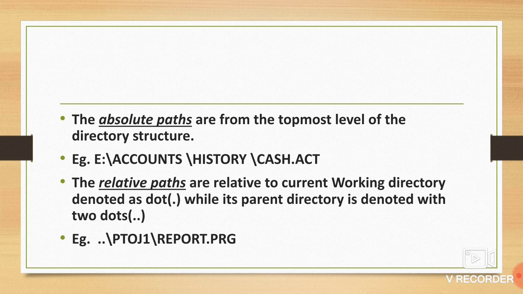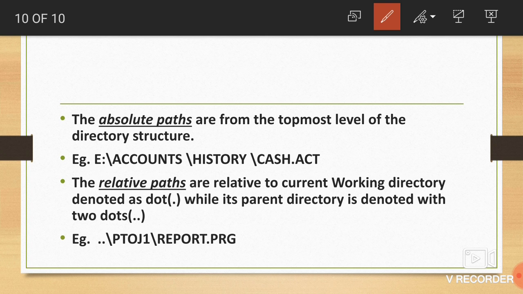Okay, so project1 means what? So here as I told you, 2 dots means it's the parent directory. So I want to access the parent directory, then project1, then report.prg. See here the complete path is not given.